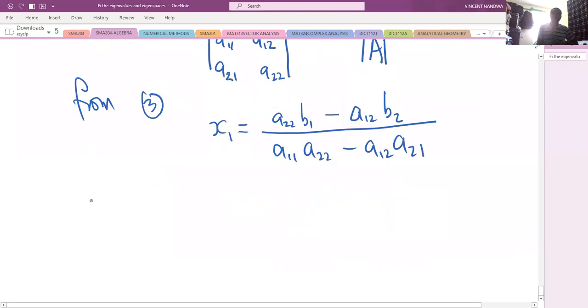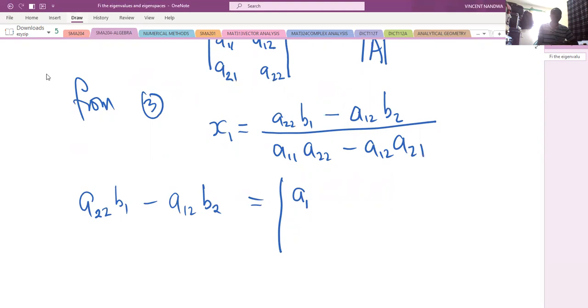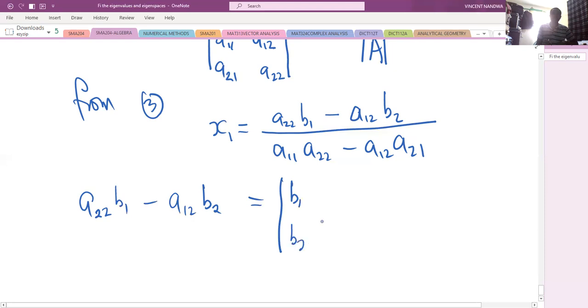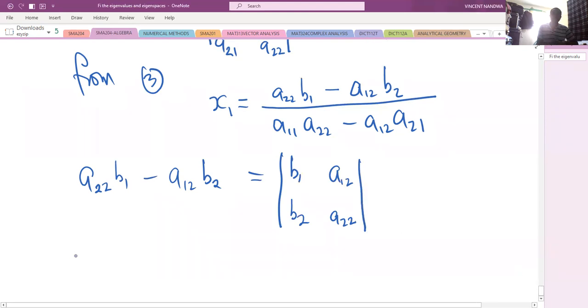This numerator, a22 b1 minus a12 b2, is the same as determinant of b1, b2, a12, a22, and a11 a22 minus a12 a21 is the determinant of a11, a12, a21, a22.